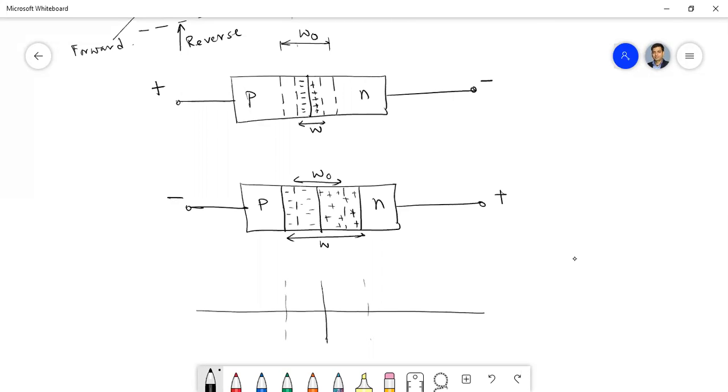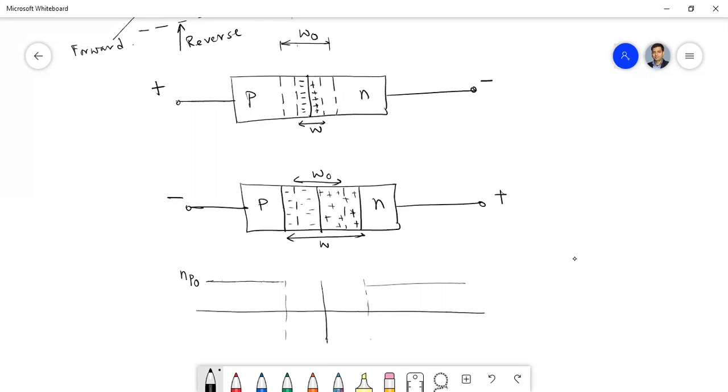Now this is the level. That depends again on the substrate. It may not be equal for P and N substrate. So this is the level of the minority carrier, NP0, because in case of P, the electron is the minority carrier, isn't it?